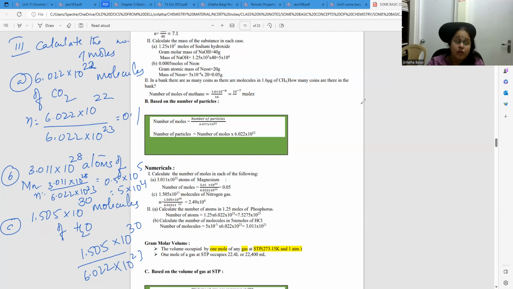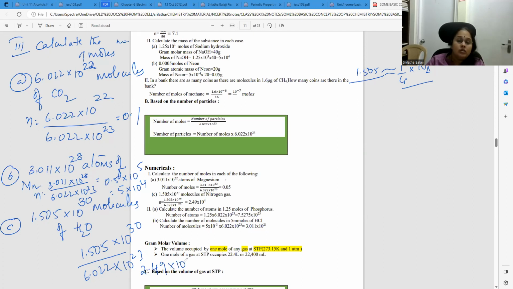When I say 2.49, literally, 1.505 is almost 1/4 of Avogadro number, isn't it? So if you divide 6.022 into 10 power 23 by 4, you will get 1.5055. Clear? Yes, ma'am. So 2.49 is appropriate, or it's almost 2.5. Okay?